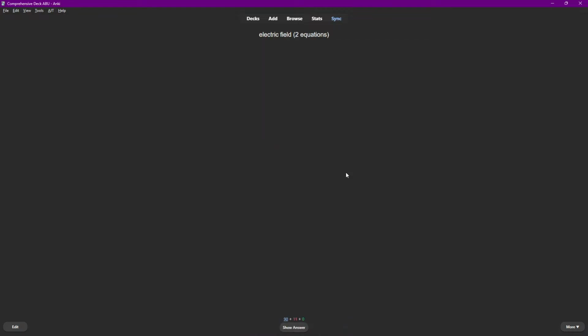Electrical field. The way I always remember electrical field is the volts per meter. So electrical field is charge divided by distance.